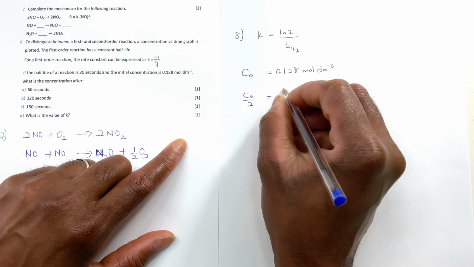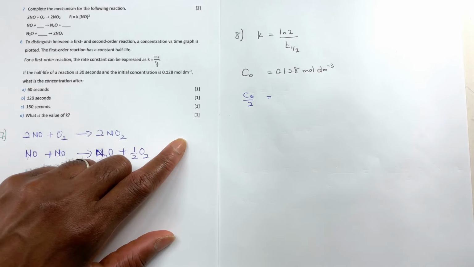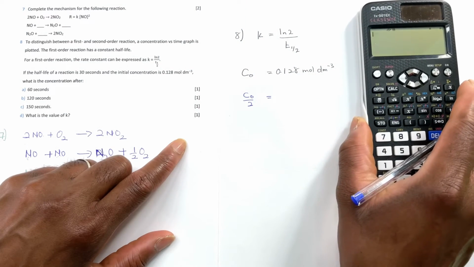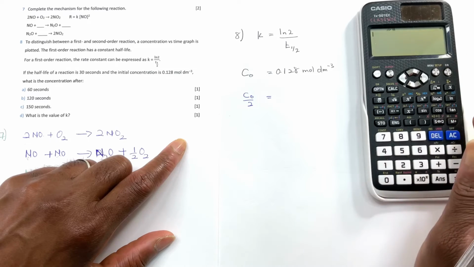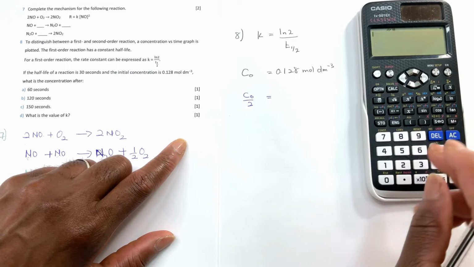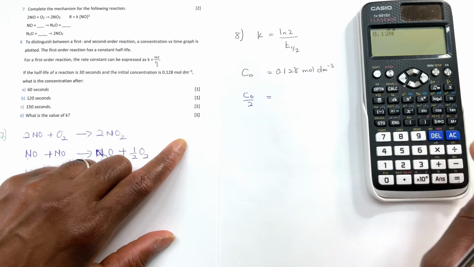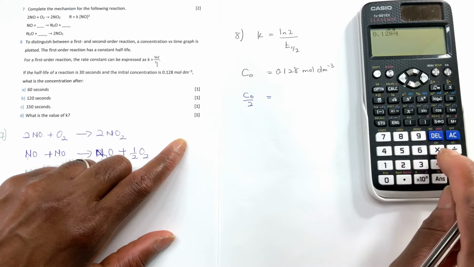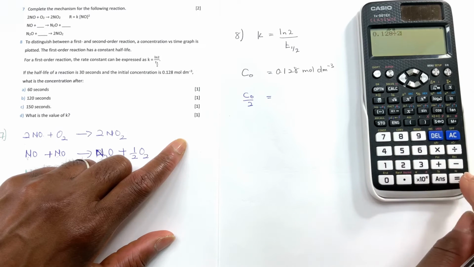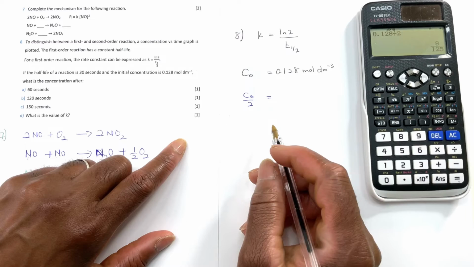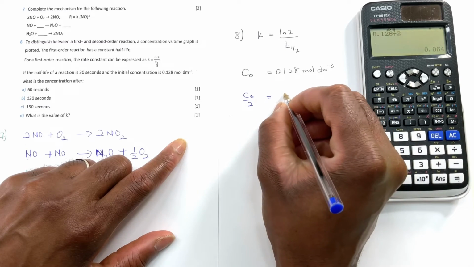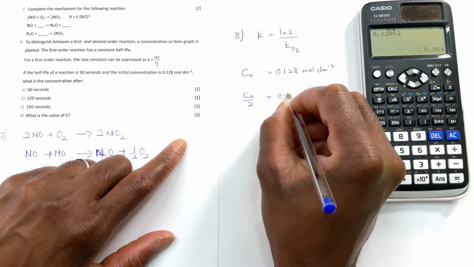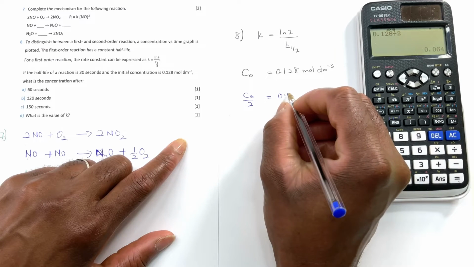If you get your calculator, you want 0.128 divided by 2. That's the half of the initial value. Standard to decimal, that will be 0.064.